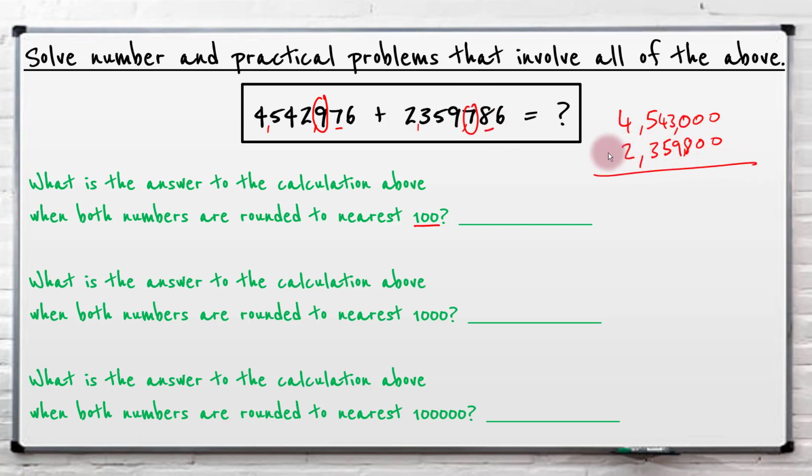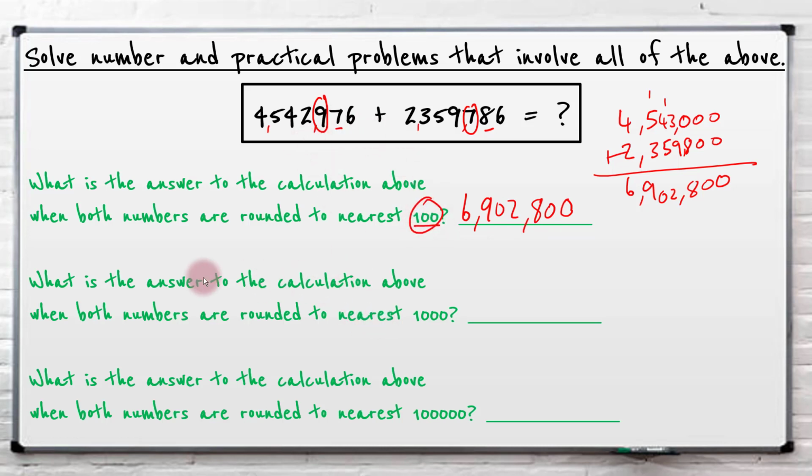And then simply add the two together. Very easy column addition. So 8, and then I've got 3 plus 9 is my 12. 5 plus 1 plus 4 is 10. And then 6, 7, 8, 9, and then my 6. So 6,902,800 to the nearest 100.